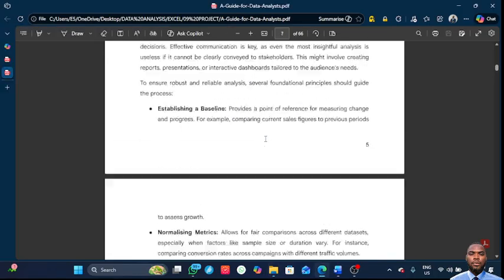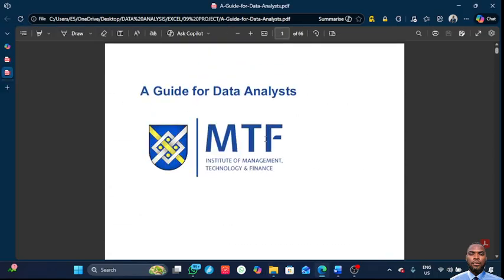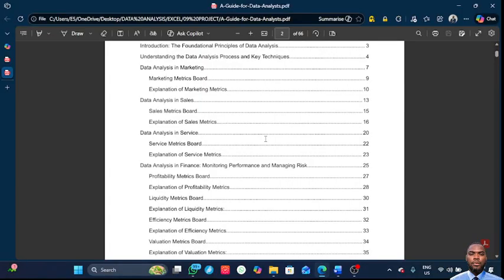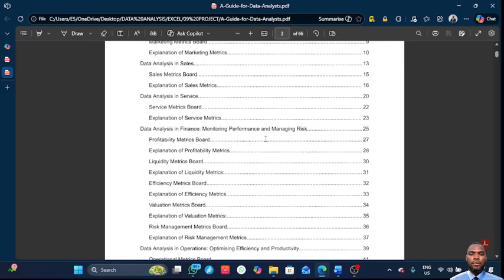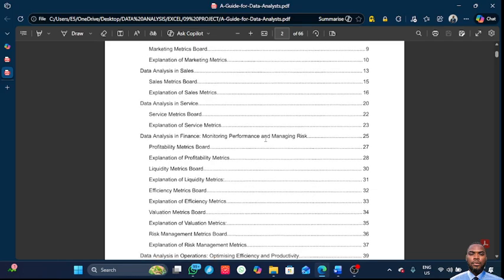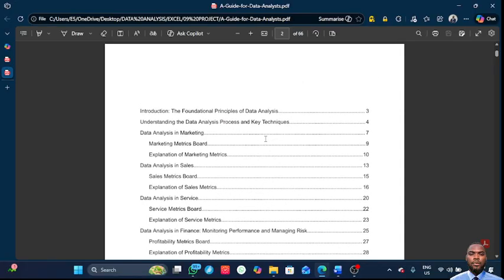Inside of this guide, it defines how you apply data analysis in different fields. Now, the key point I want you to understand here is this. Let's say you are doing analysis that has to do with marketing, right? And you don't know the success metrics to go for.